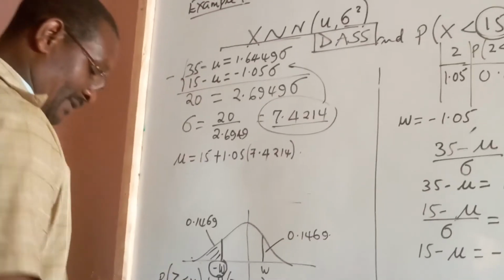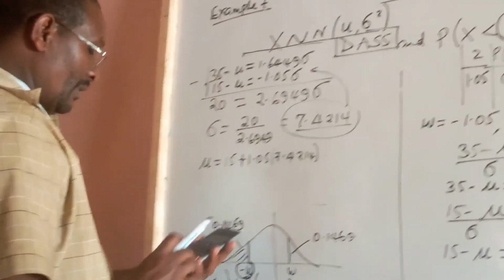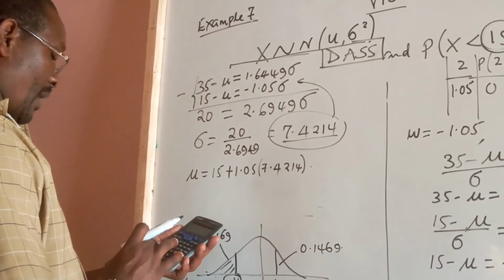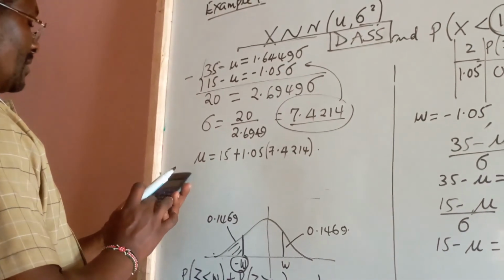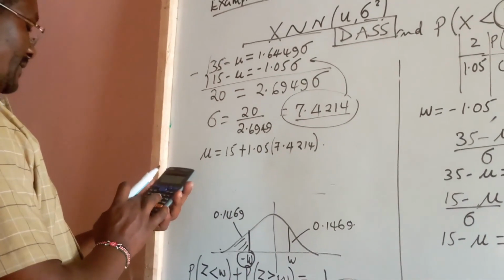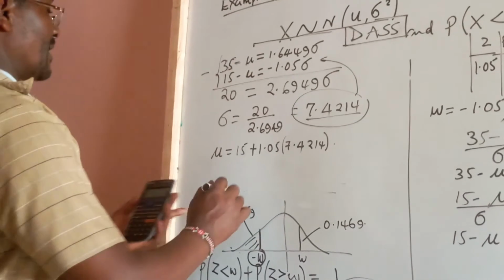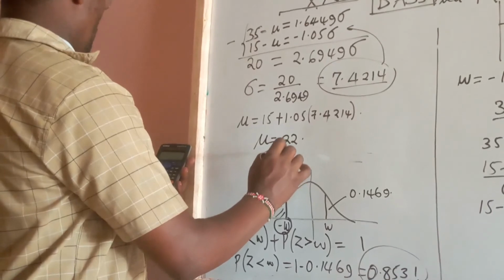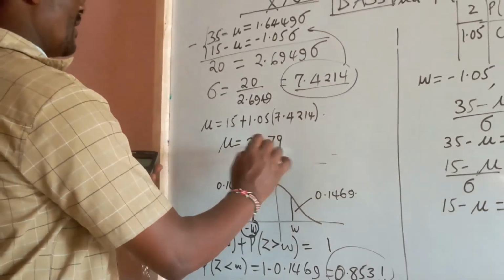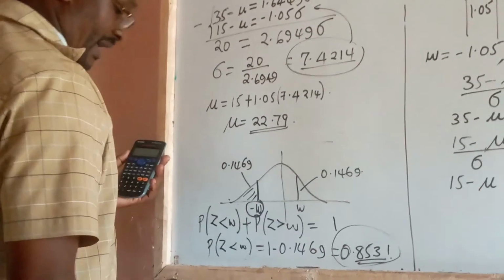Let's get there. Yes, that times 1.05, plus 15, gives us our mean, which is 22.79. And that's where we are.